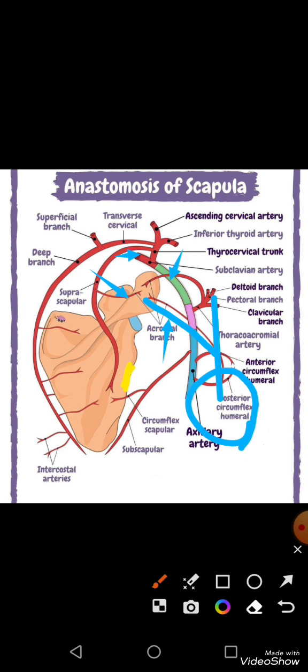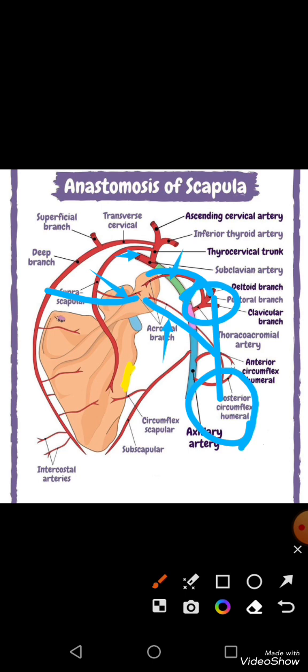The suprascapular artery is also giving rise to an acromial branch, and the third one is through the thoracoacromial artery. This one is the thoracoacromial artery, and it is also giving rise to a branch called the acromial branch.